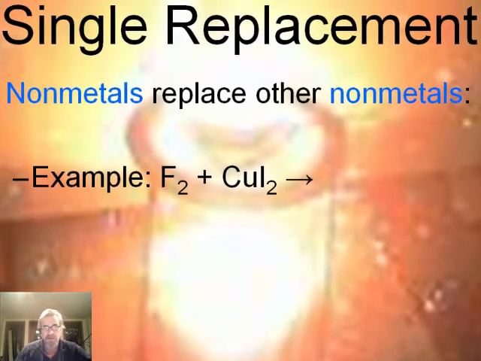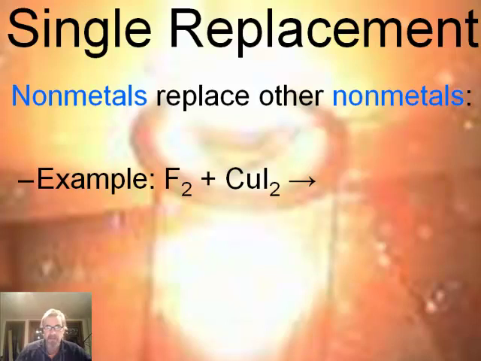Another pattern that we see in single replacement reactions is that nonmetals can replace other nonmetals. So here we see a nonmetal as the lone element, fluorine, and here's another nonmetal that's part of a compound, iodine. So the fluorine will replace the iodine in this single replacement reaction. This screws a lot of people up. They have a hard time doing this kind of reaction for some reason, and they want to put the two nonmetals together.